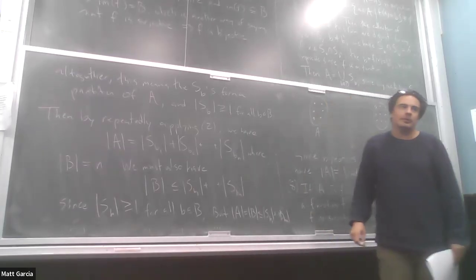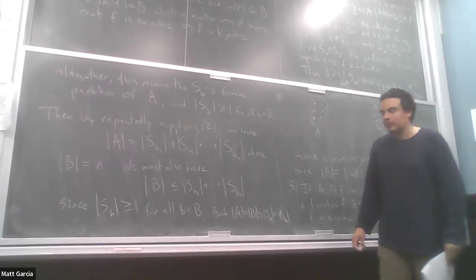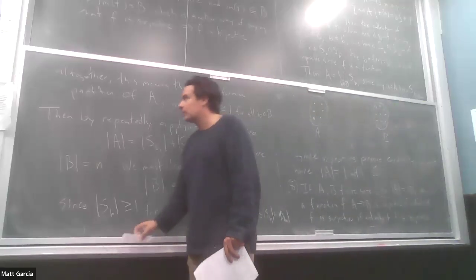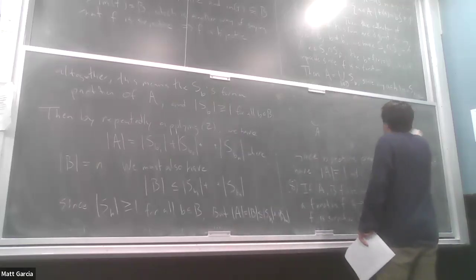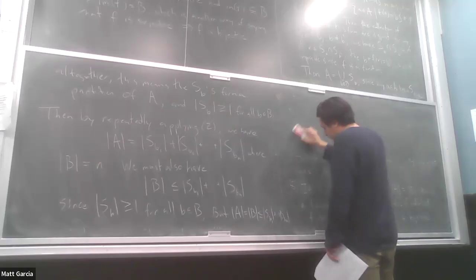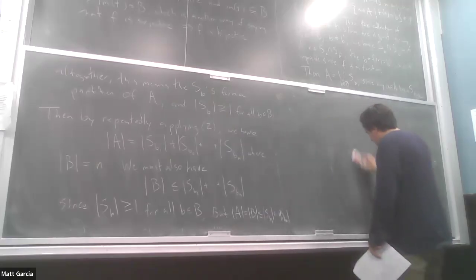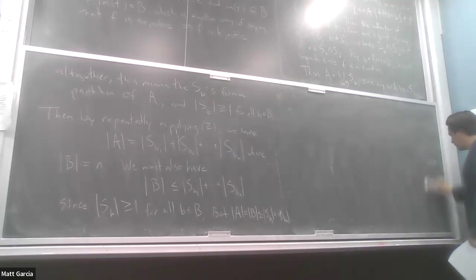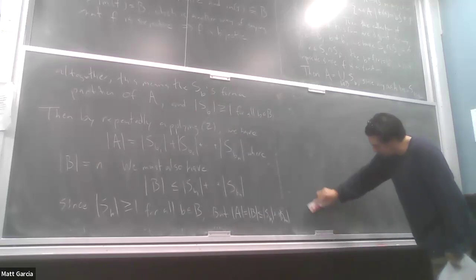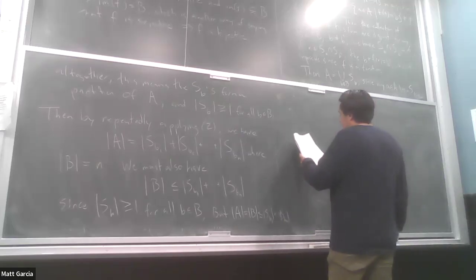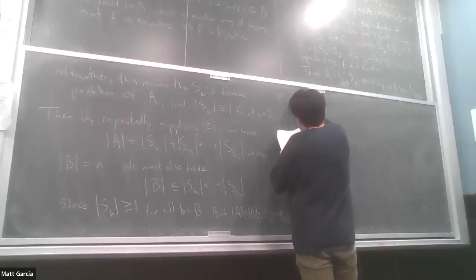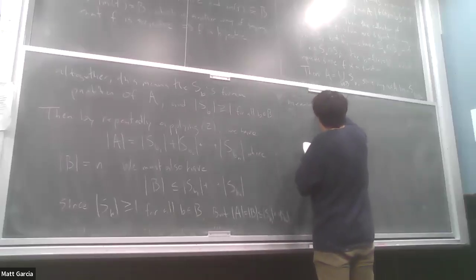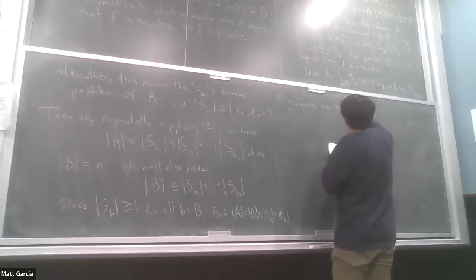But I also have that the cardinality of A is equal to the cardinality of B. That's what I said in the first place, right? That was my original hypothesis. Meaning we have equality.